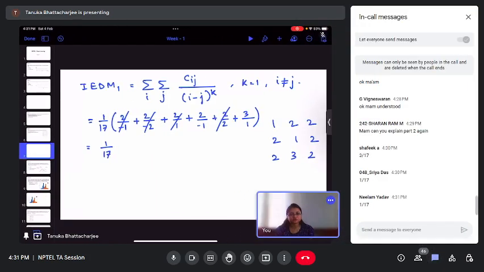Yeah, right, it should be 1 by 17. Shafiq, it is not 3 by 17, it should be 1 by 17.